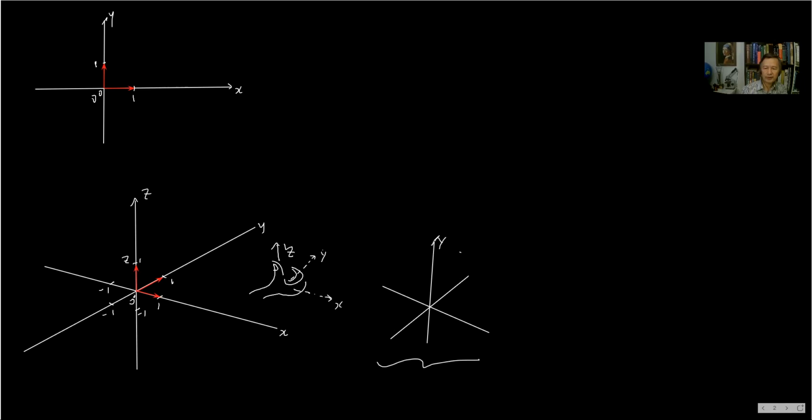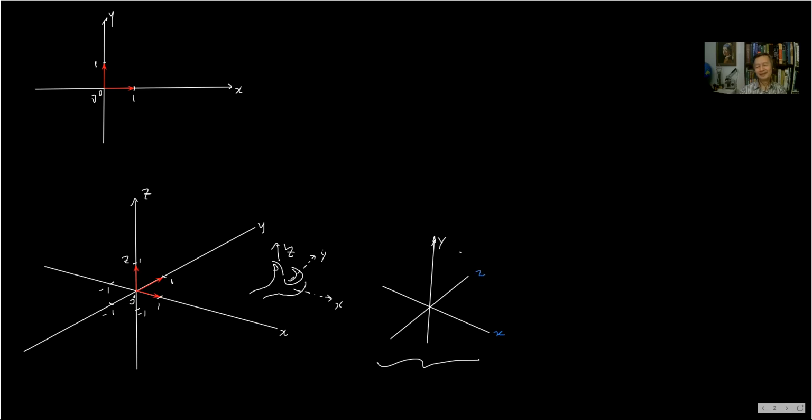If this vertical represents y, what would be the x and z-axis? You have to try to use the right hand, right? That would be the x.